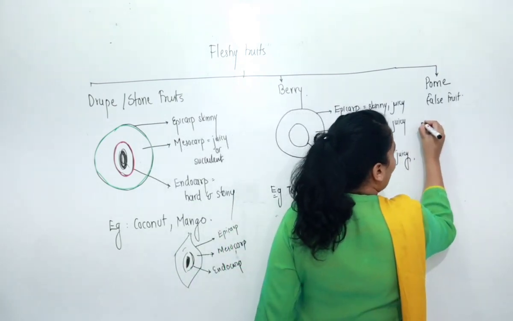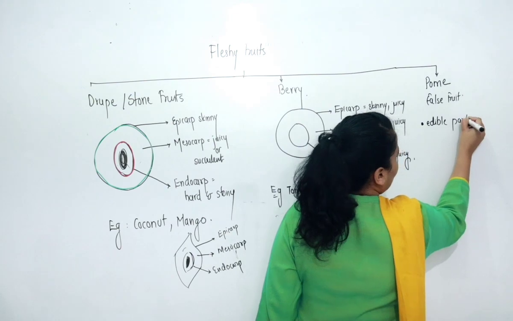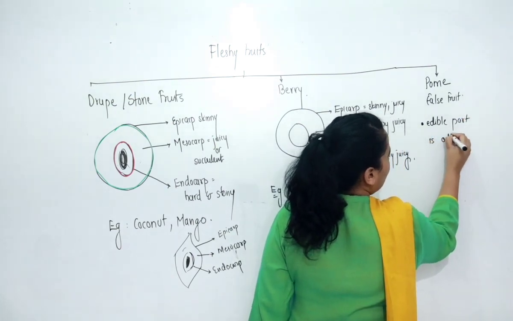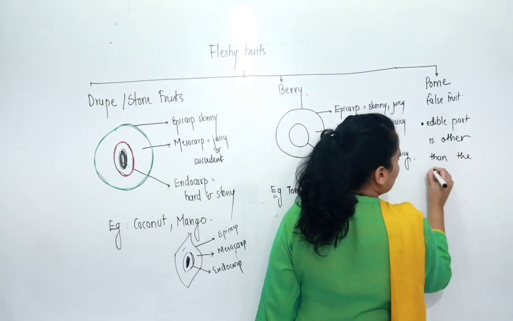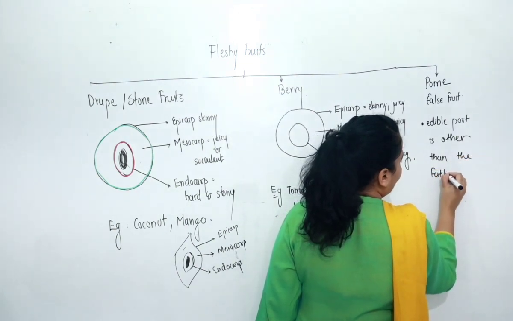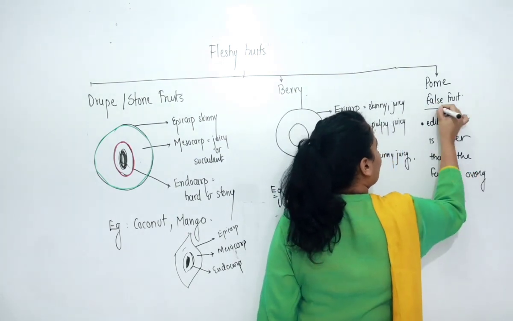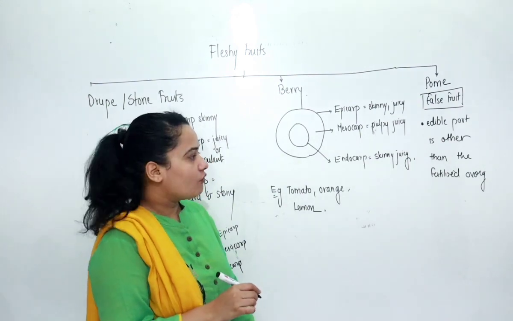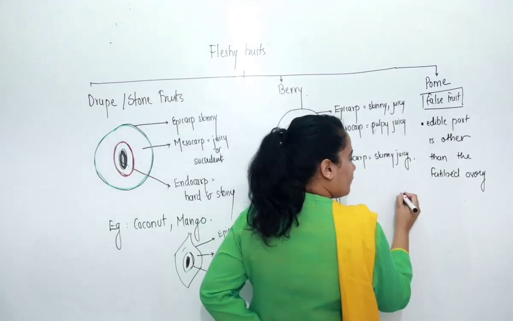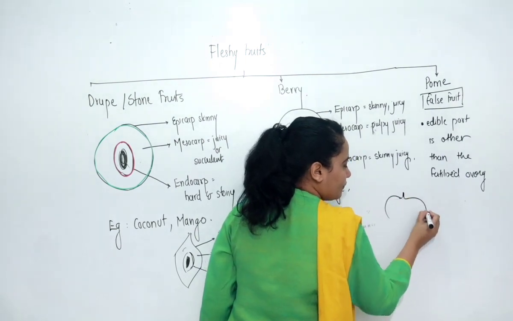So we will put a point over here. Edible part is other than the fertilized ovary. Such fruits are called false fruits. And here we will take the example of apple.